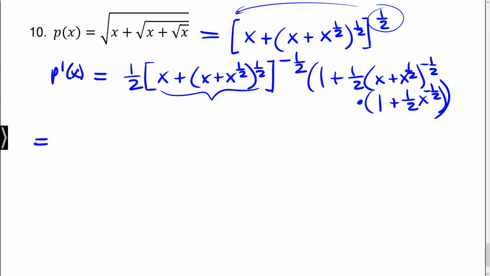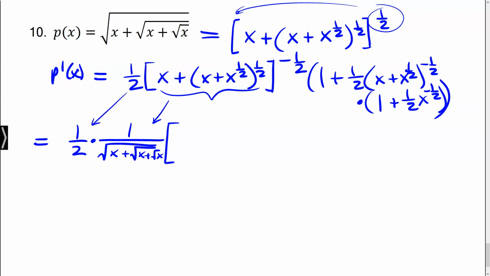Okay, let's see if we can clean this up. What I'm going to try and do is convert some of these 1/2 powers back to square roots. So we've got 1/2. Now this is minus 1/2, so that's going to be 1 over the square root of x plus the square root of x plus square root x. Okay, everybody with me so far? So this is this. This is this. What else is left?